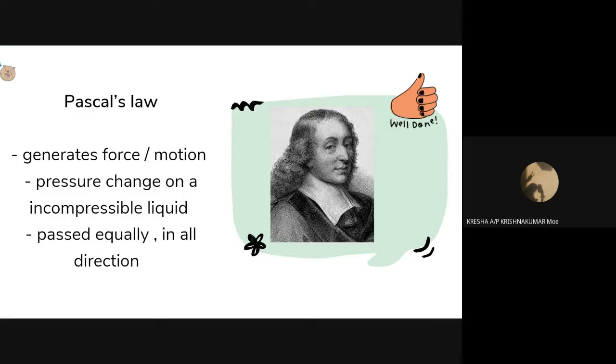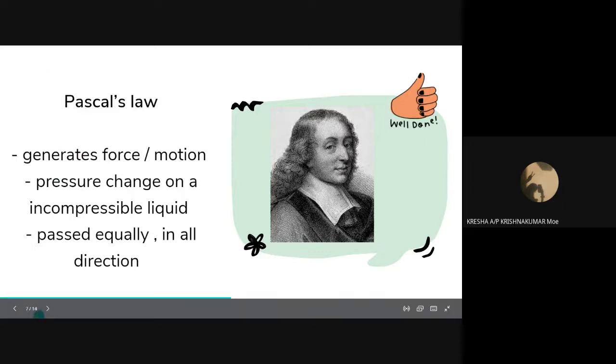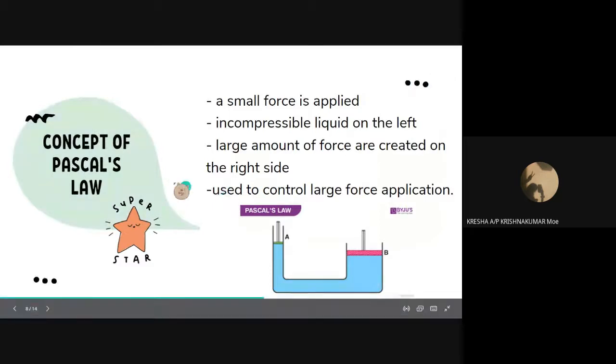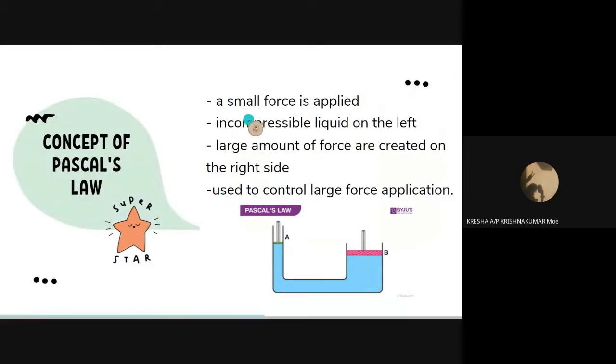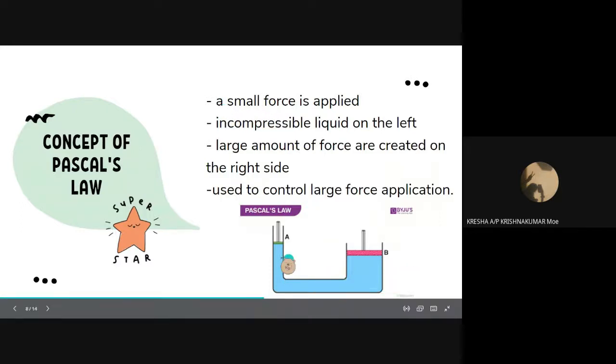According to Pascal's law, in a hydraulic system, a pressure exerted on a piston produces an equal increase in pressure on another piston in the system. I think it's in the next picture. Okay, this is the concept of Pascal's law. As you can see here, this is the liquid, the green color, and the pink color is the piston.